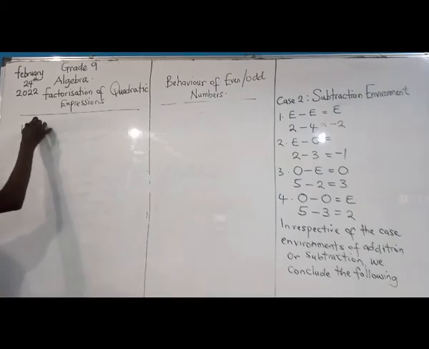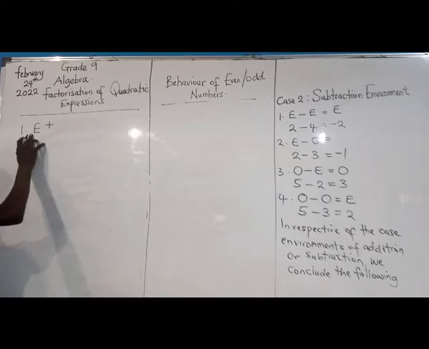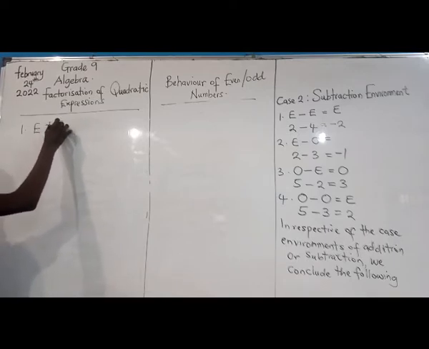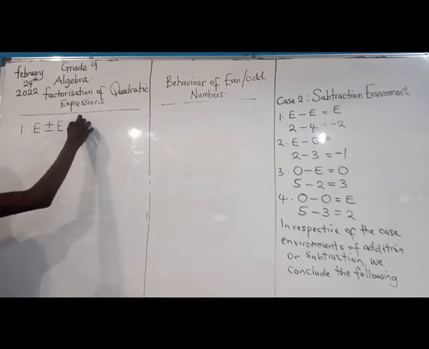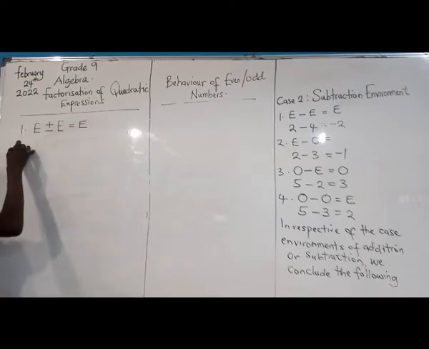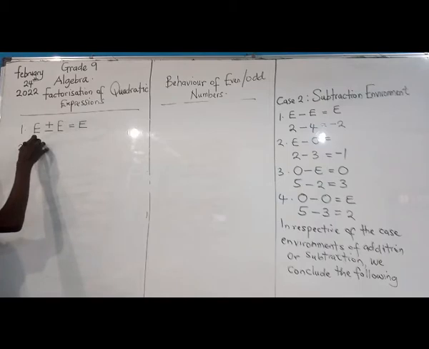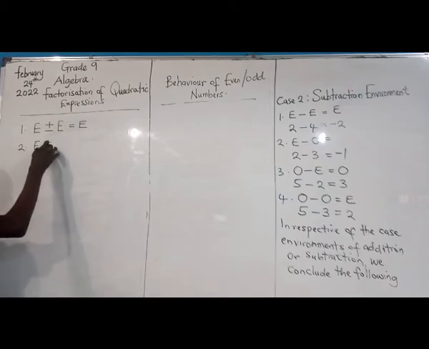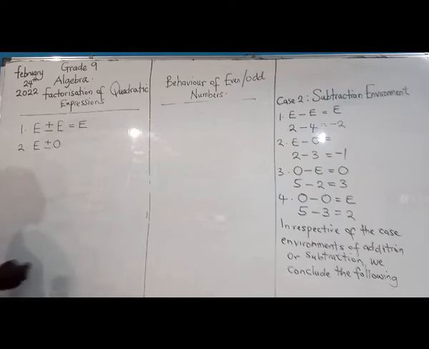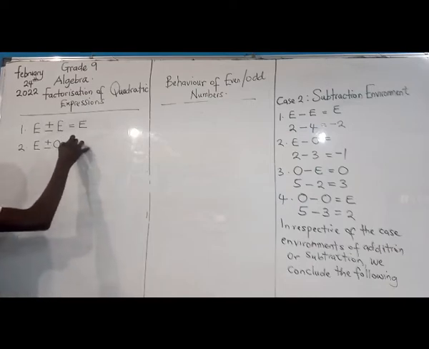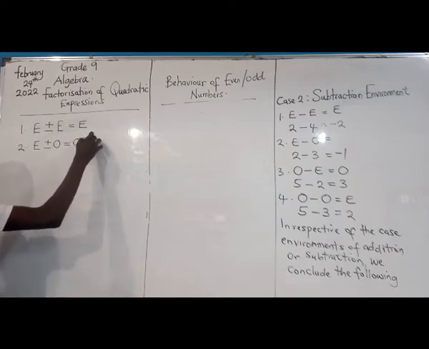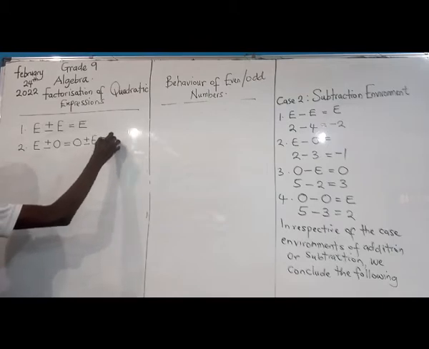Number 1, even plus or minus even, whether you are adding or you are subtracting, will give you even. Number 2, even plus or minus odd, or odd plus or minus even, will always give you odd.